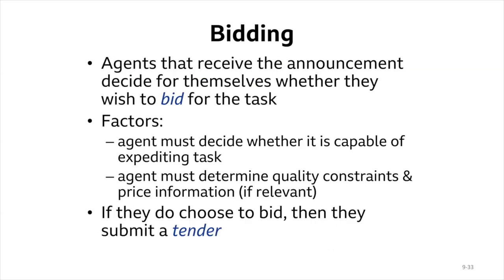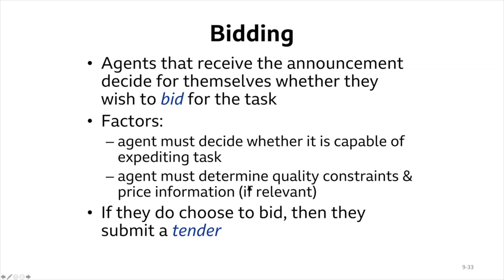Okay, the next stage is the agents that receive the announcement decide for themselves whether they wish to bid for the task. And there are two fundamental questions that an agent will need to answer at this stage. It needs to decide whether it's capable of carrying out the task and any quality constraints, price information if relevant.